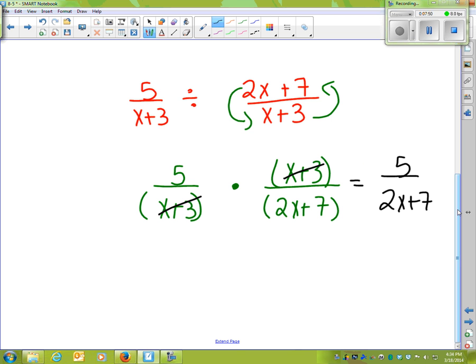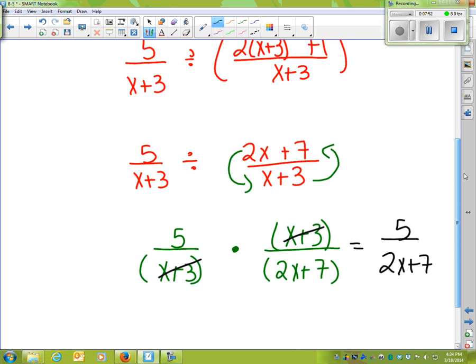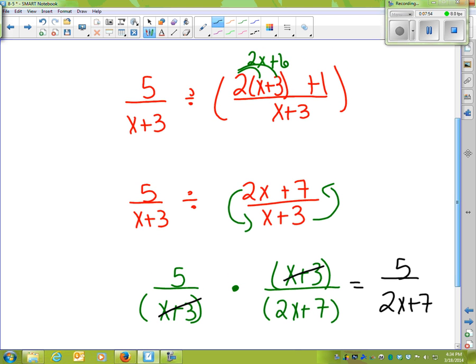If they ask you to state restrictions, you need to go back through the problem. Anytime something was in the denominator that involved x, that would be a restriction. So let's look. I have my x plus 3 in the denominator.